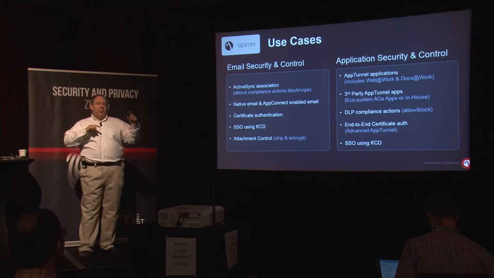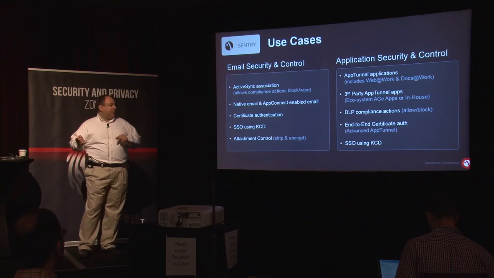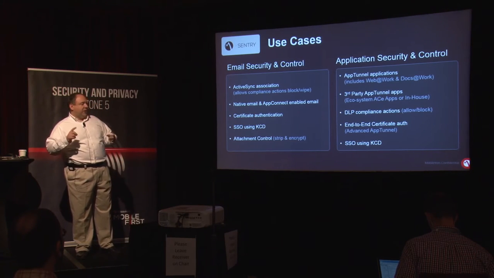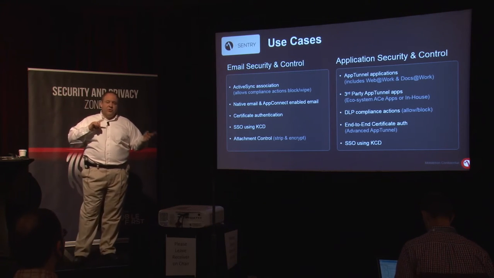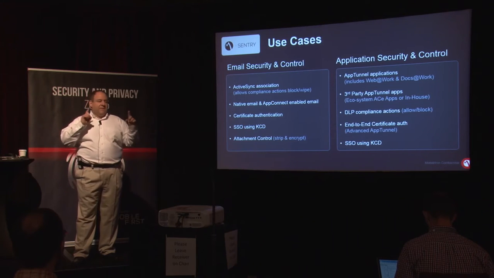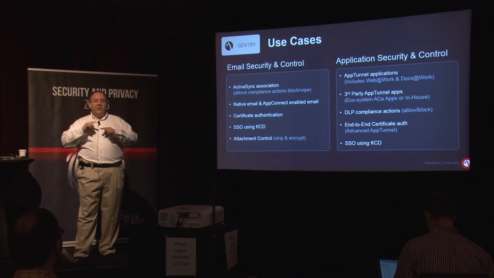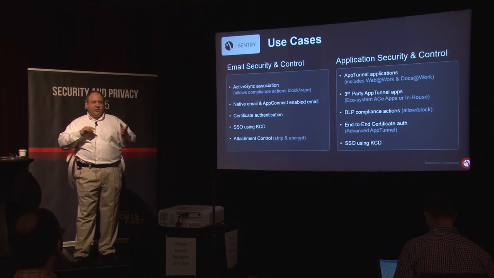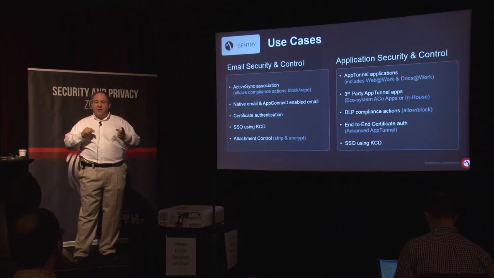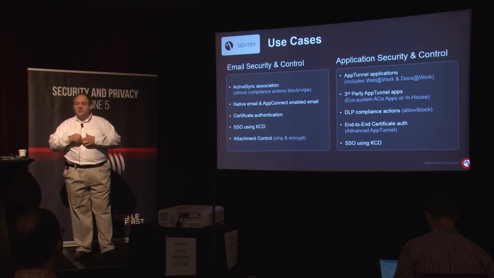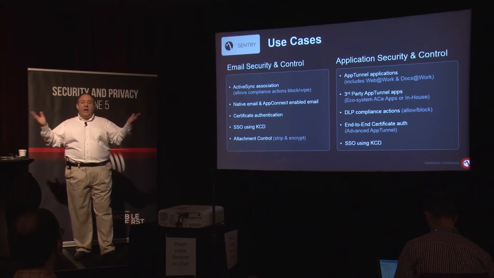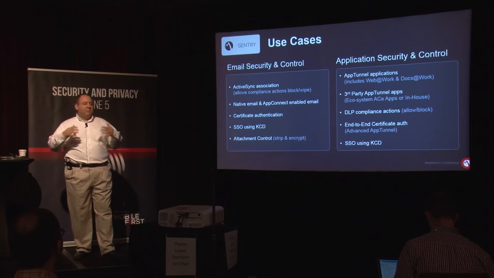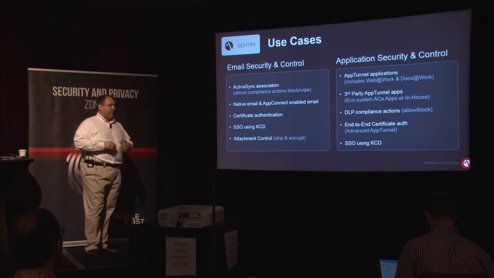Native mail, one of the cool things about App Connect enabled apps, it falls into the other side with the DLP, is you can control if an app is able to share data with other apps. So open-in controls and things like that, or copy and paste. And you have the option to either allow all apps, not much security there, but you might have a good reason for that.